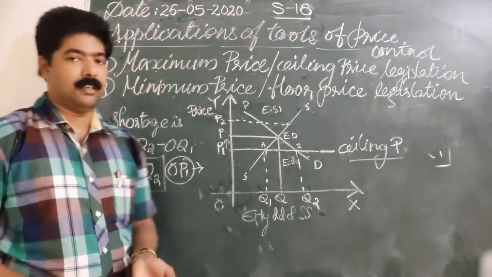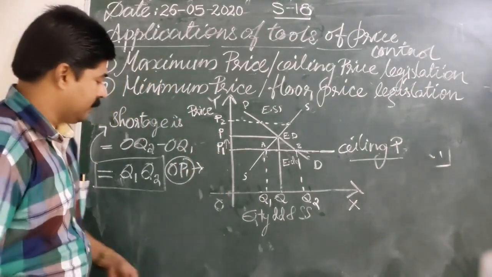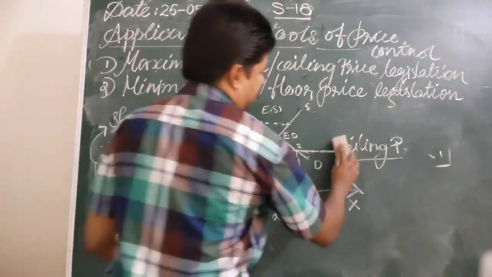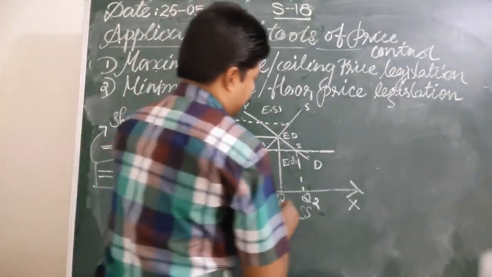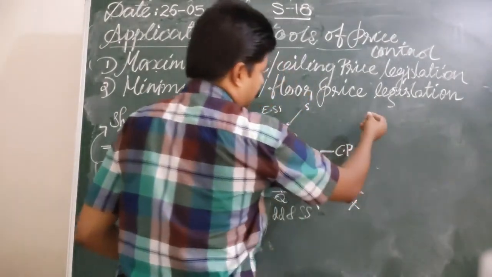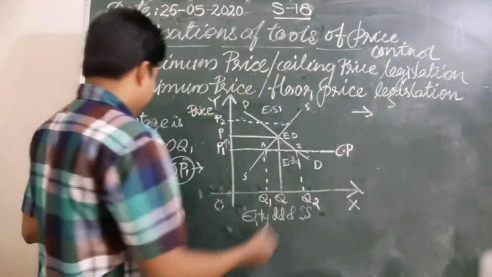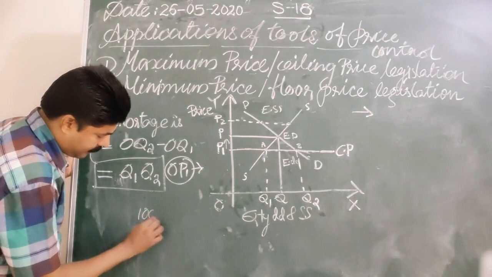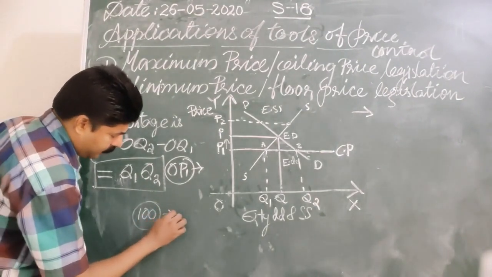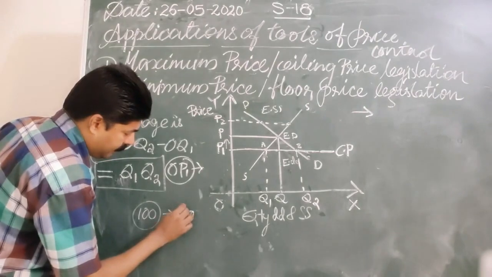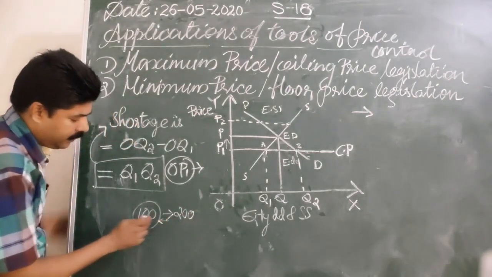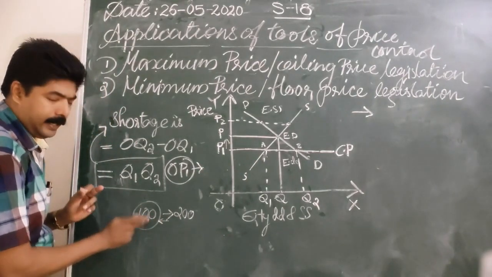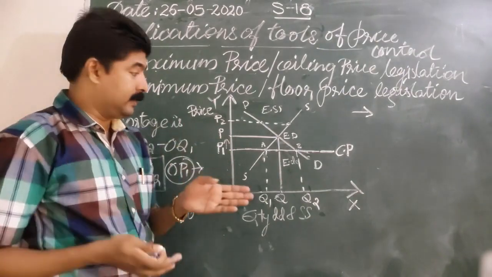What are these allocation methods? So this is the ceiling price. So how do they solve this excess demand? For example, sellers have only 100 quantity of commodity, but 200 people demand it. In this situation, how do the sellers manage? What methods do they bring?